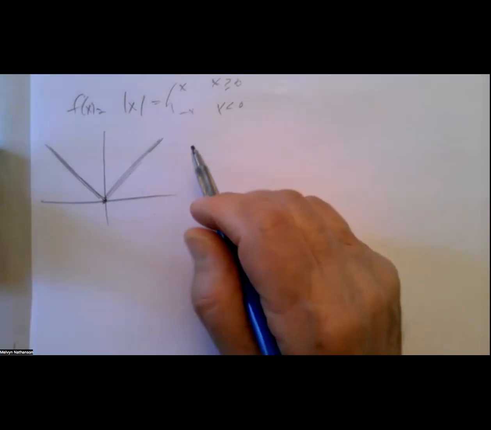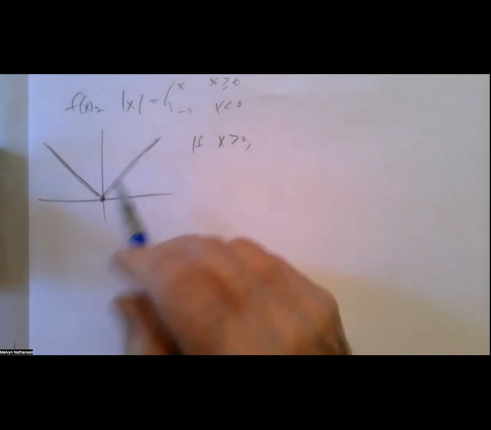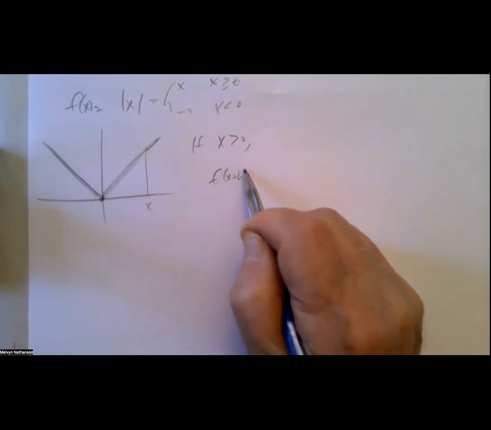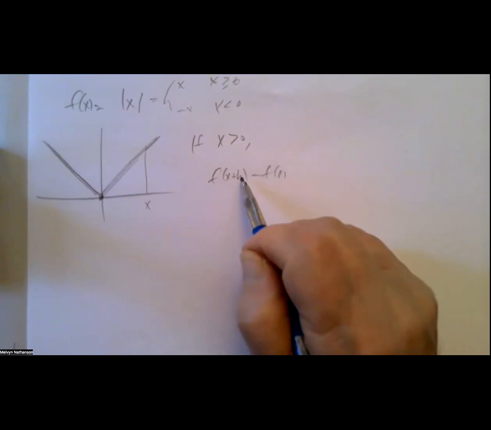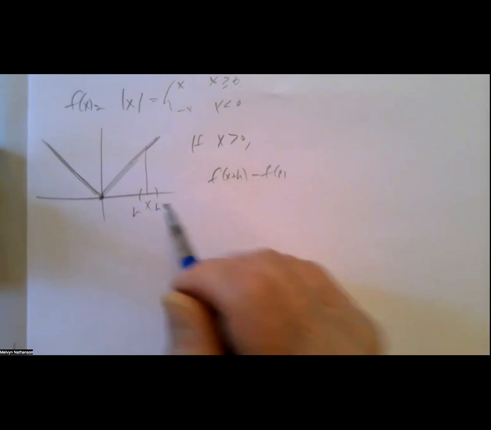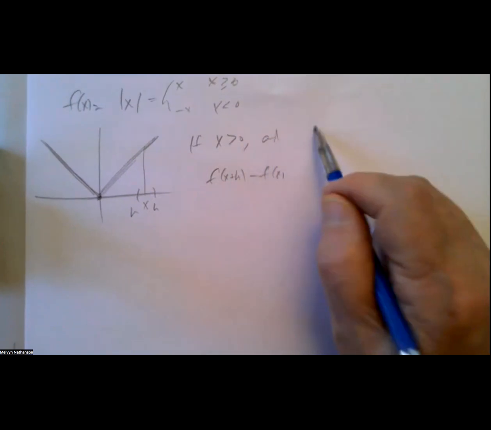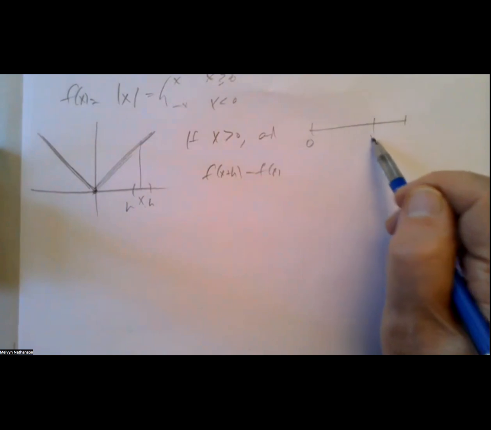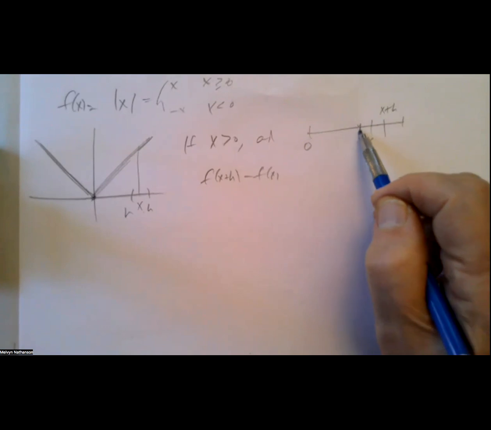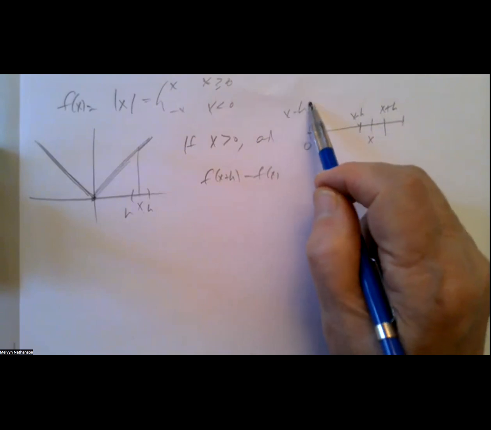Let's calculate the derivative. So if x is positive, so here you take a point x, which is positive, f of x plus h minus f of x, if h is small, so here's x, and let's say this is x plus h, and this is x minus h, still positive, x minus h greater than 0.